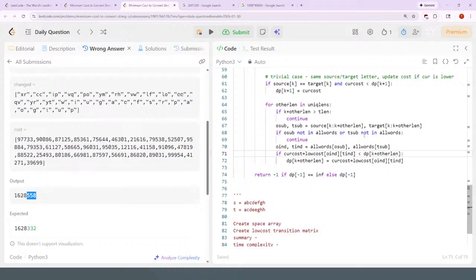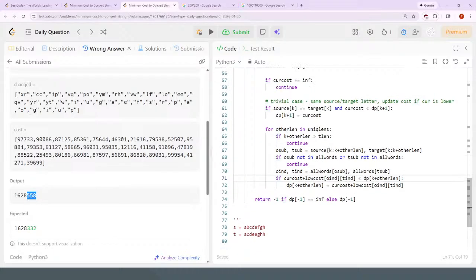If the source or the target is not possible, keep on skipping. Find the indices of those words, get the current cost plus the low cost, dp at k plus other length.